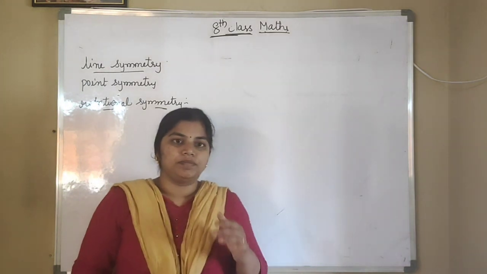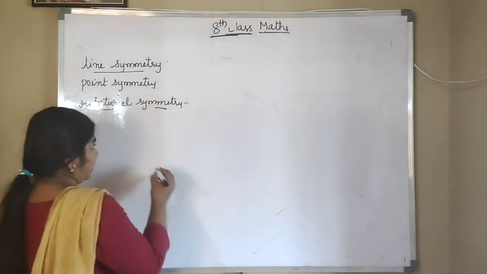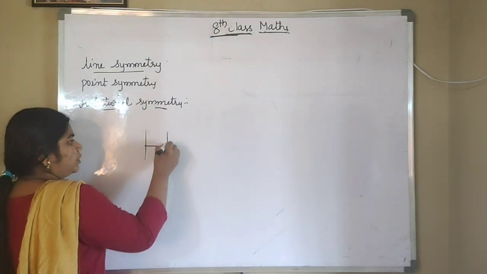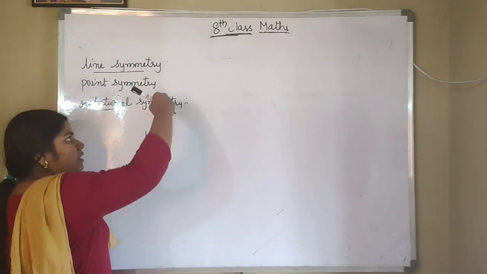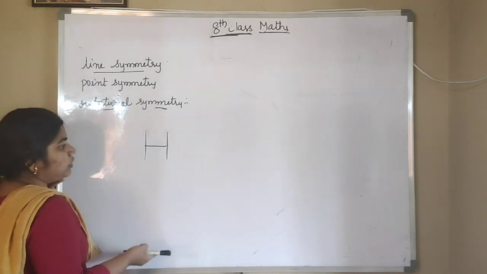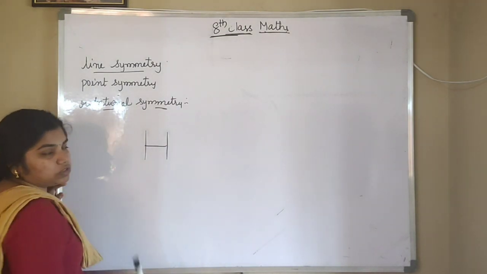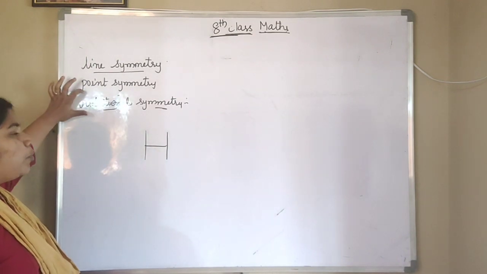So if you observe from up or down, the figure will be the same. I am taking one alphabet here, H. If you observe from upwards, it will look like H only, and if you observe from down, it will also look like H only. So this H we can call point symmetry.